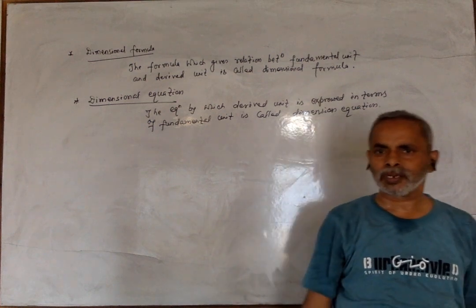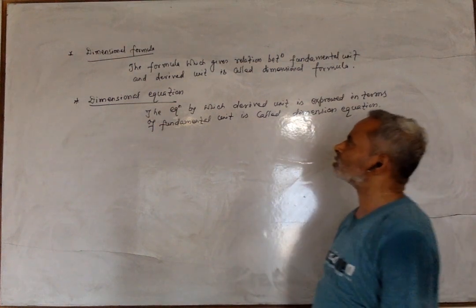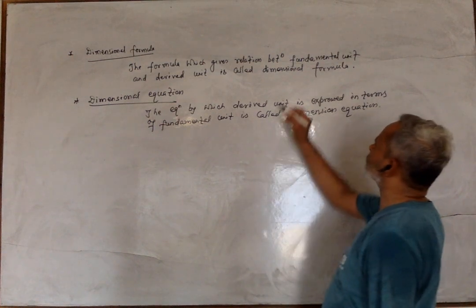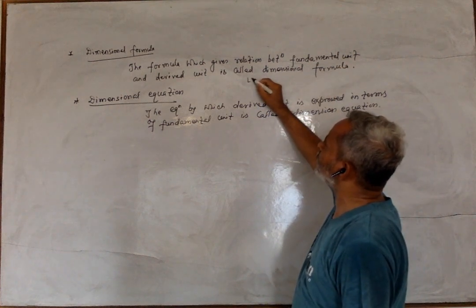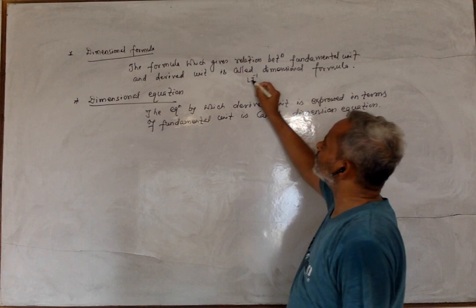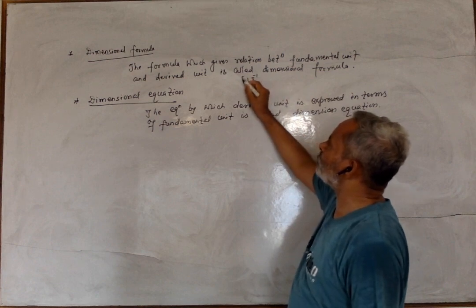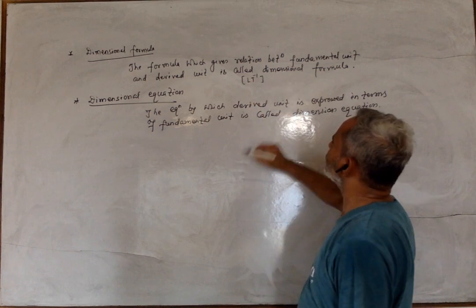There is a very small difference between these two terms, dimensional formula and dimensional equation. Dimensional formula: we write LT minus 1, this is the dimensional formula of velocity.